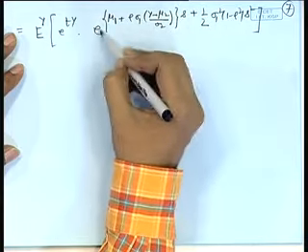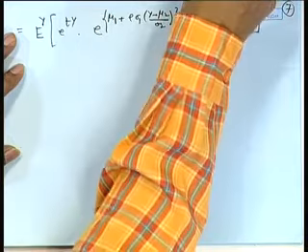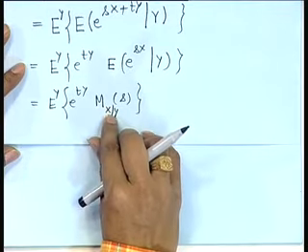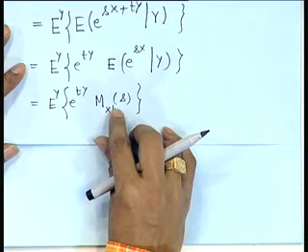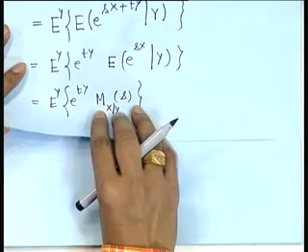So, this is the value coming after substituting the value of the moment generating function of the conditional distribution of x given y, which is univariate normal, and therefore, the form is known to us.